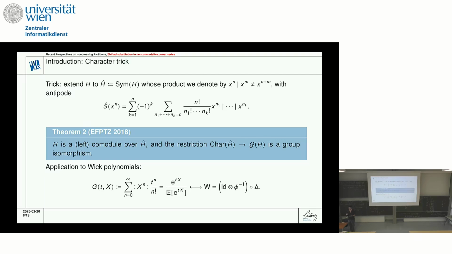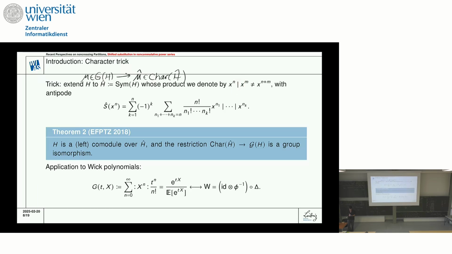In this case, this frees me from the burden of having multiplicative maps only representing moment sequences of constant random variables, because now I can represent everything. I can always lift mu, which lives here in G of H, uniquely to a mu hat, let's say, that is a character on H hat, because I just declare it to be multiplicative with respect to this extra product that I added here.